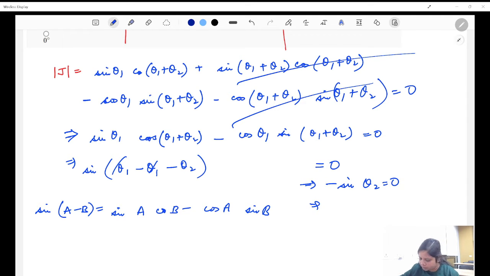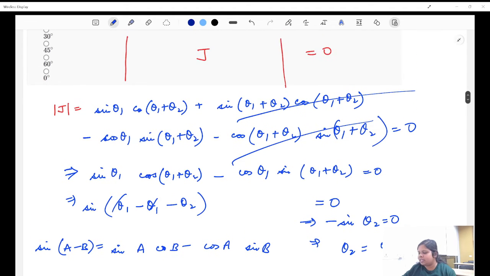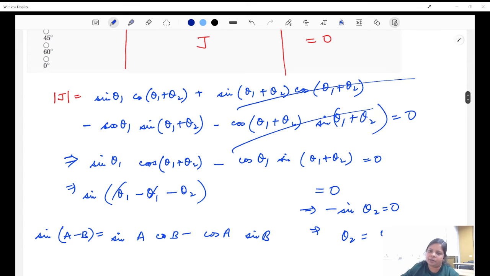So from here what can you say? Theta 2 can be 0, pi, 2 pi and so on, right? If we take just one value, we can say it is 0 for any value of theta 1. So whatever value theta 1 has, theta 2 should be 0 if we want to satisfy this equation of J determinant equal to 0.